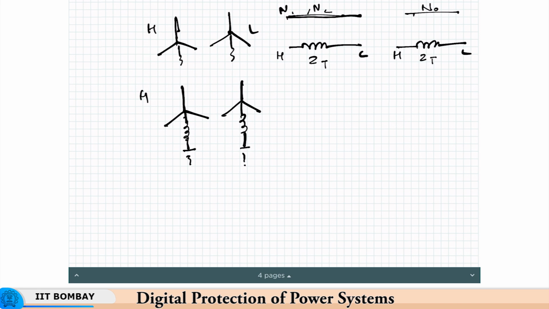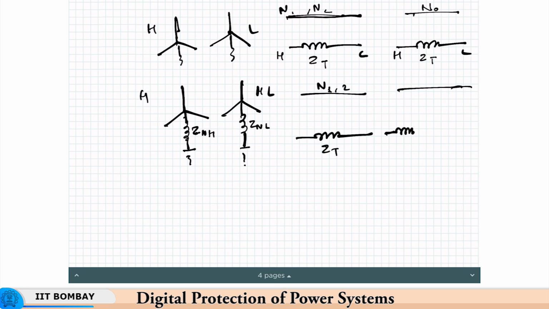This is H and L, then this of course remains the same, N1, N2, this is ZT, and for the zero sequence, there will be a 3, say this is ZNH and ZNL. So, 3ZNH, ZT, 3ZNL.